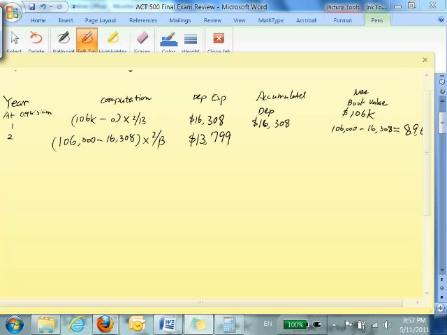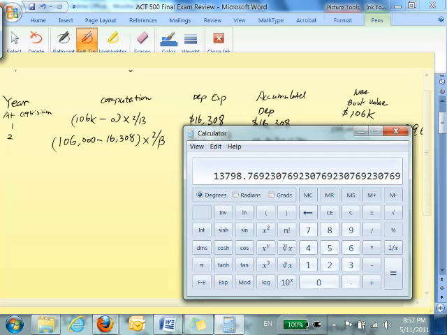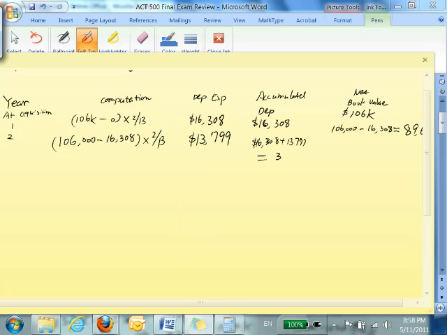Accumulated depreciation equals 16,308 plus 13,799, which is 30,107.